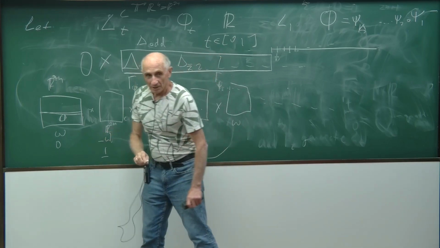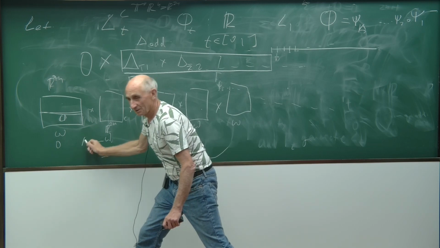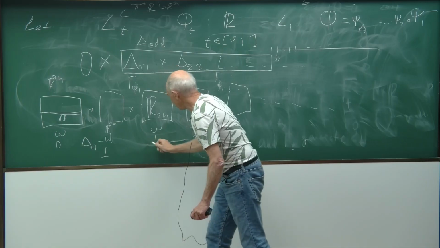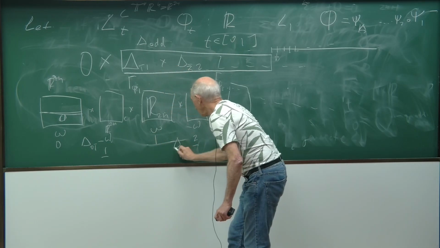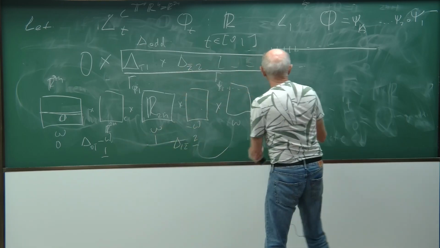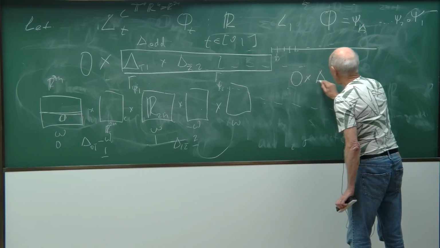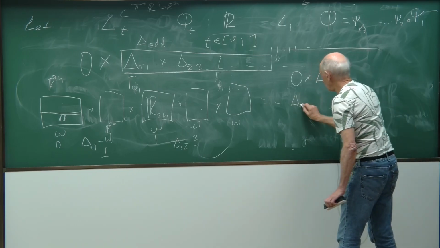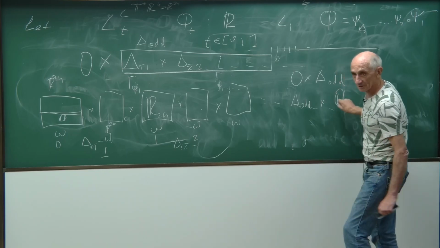And now I consider these diagonals. I take delta 0, 1 bar, and then delta 1, 2 bar. So you get this product of diagonals, so you get two manifolds: 0 times delta odd, and delta odd times 0 in the last factor.